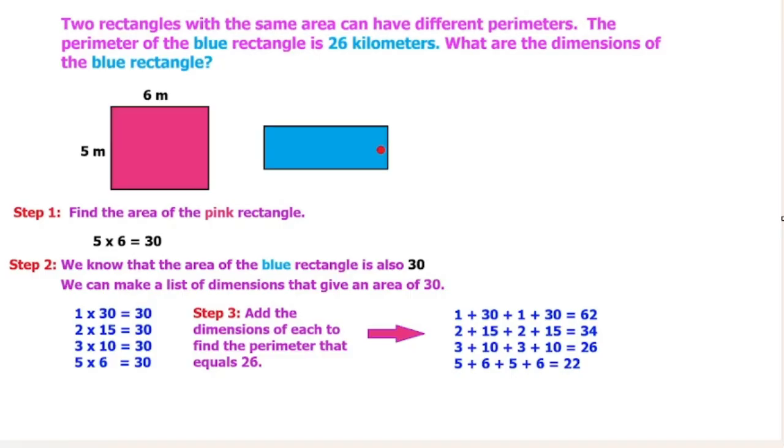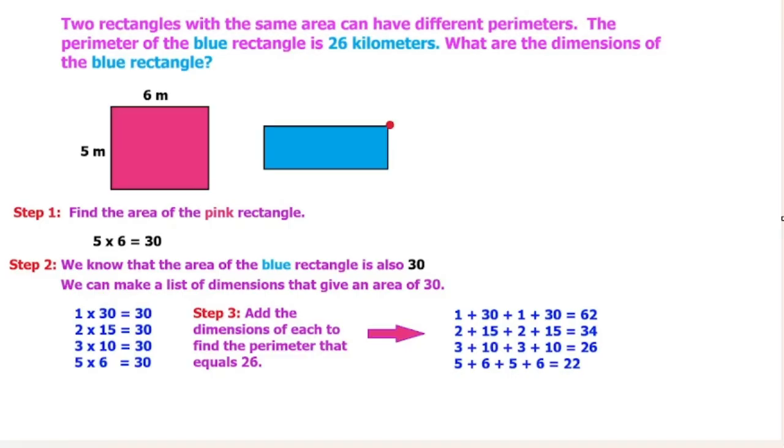That equals 62. And then what if it was 2 and 15? So it would be 2 here and 15 here. Maybe you're starting here. So 2 plus 15 plus 2 plus 15 for the perimeter. That gives you 34. Then do the next one. So it might be 3 here and 10 here.